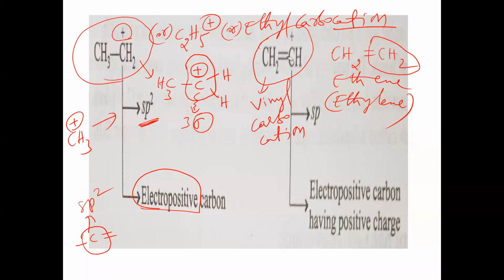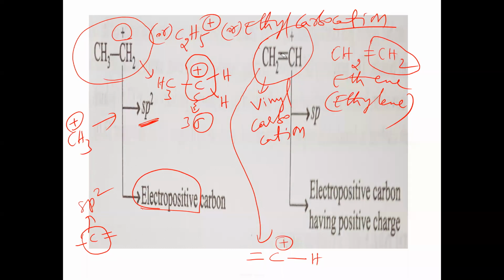If the double bonded carbon has positive charge, it will be an sp carbon. One more thing we have to understand: here the carbon has a double bond on one side, a single bond with hydrogen, and it carries positive charge.